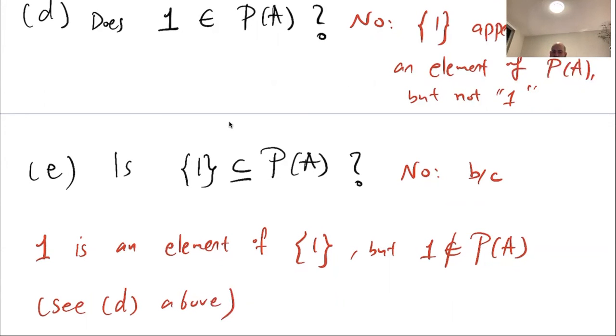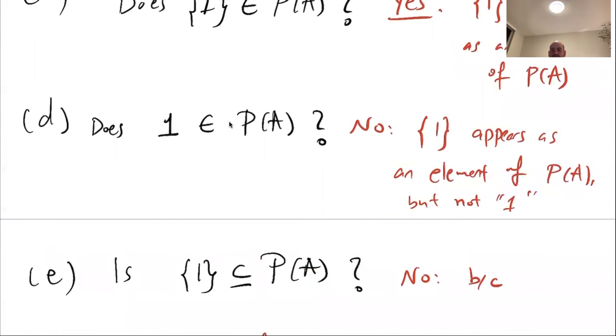Every element in the left-hand side should be an element in the right-hand side. The set on the left-hand side is a set with only one element, and that one element is the number 1. Now, is the number 1 an element inside the right-hand side set? The number 1 is not an element of the right-hand side set. This is what we established in part D.